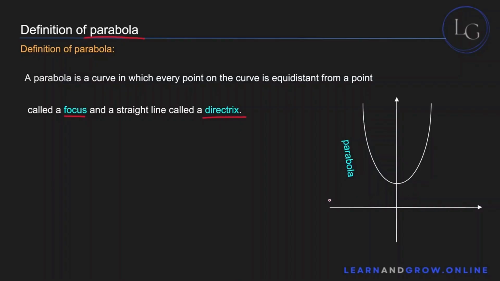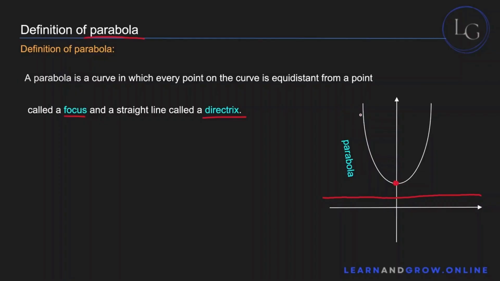A directrix is any line that is parallel to the x-axis. Let's say you draw this line over here parallel to the x-axis. This is the directrix.